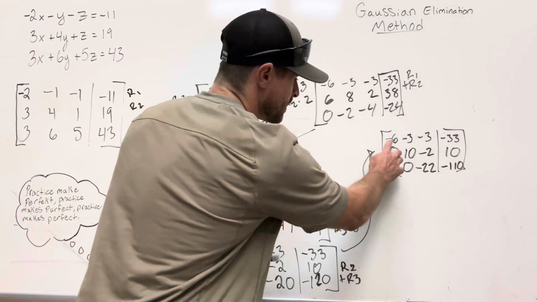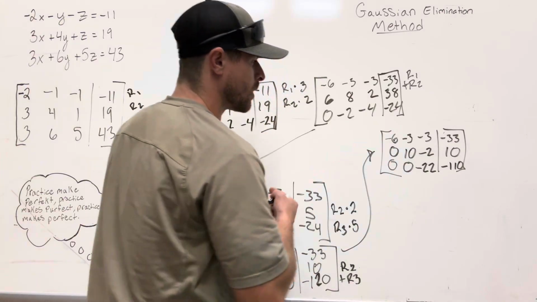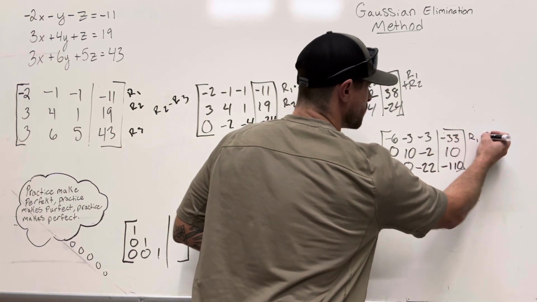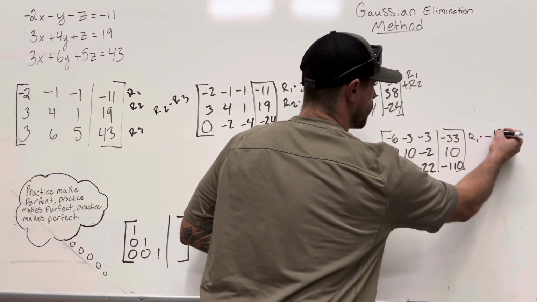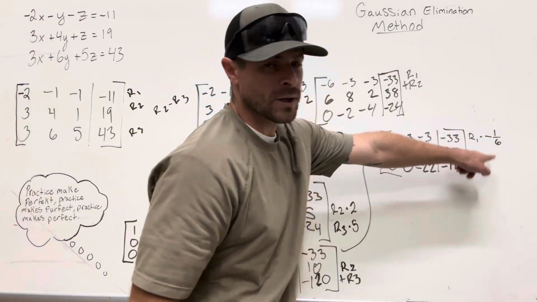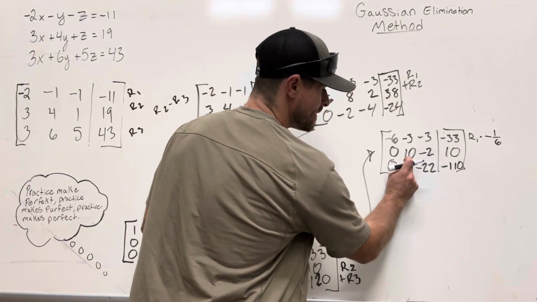So looking at these numbers, I'm gonna try to get -6 to be a 1. So I wanna multiply the top row, row 1, by -1/6. Because -6 times -1/6 is gonna give me a 1 there. Okay, the second row, I'm trying to get the 10 to become a 1.